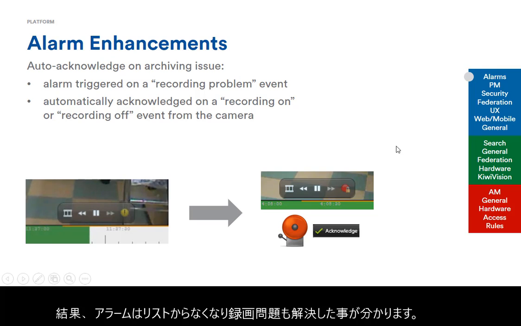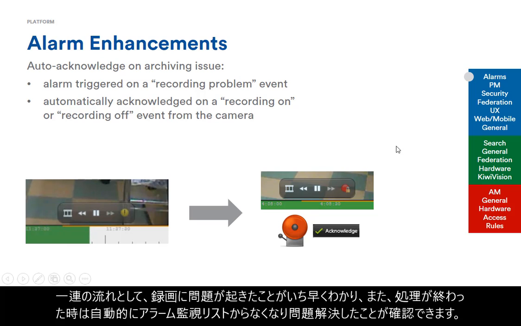So this means we can automatically acknowledge it, and we won't have to deal with that alarm if the problem is no longer present. So it's a nice thing to have this alarm pop up to let you know we really need to take a look at the archiver right now. But again, if you fix it, then you're not going to have to go through and acknowledge all these alarms.